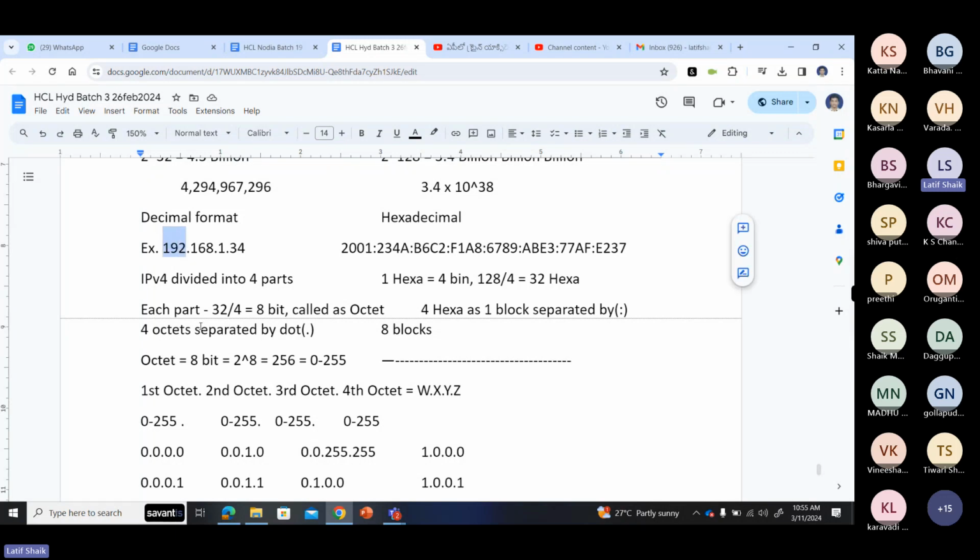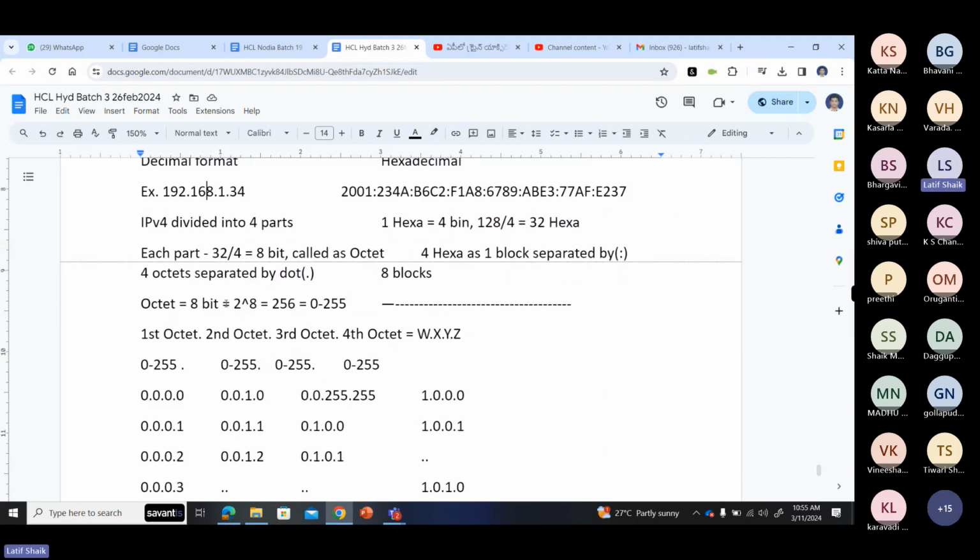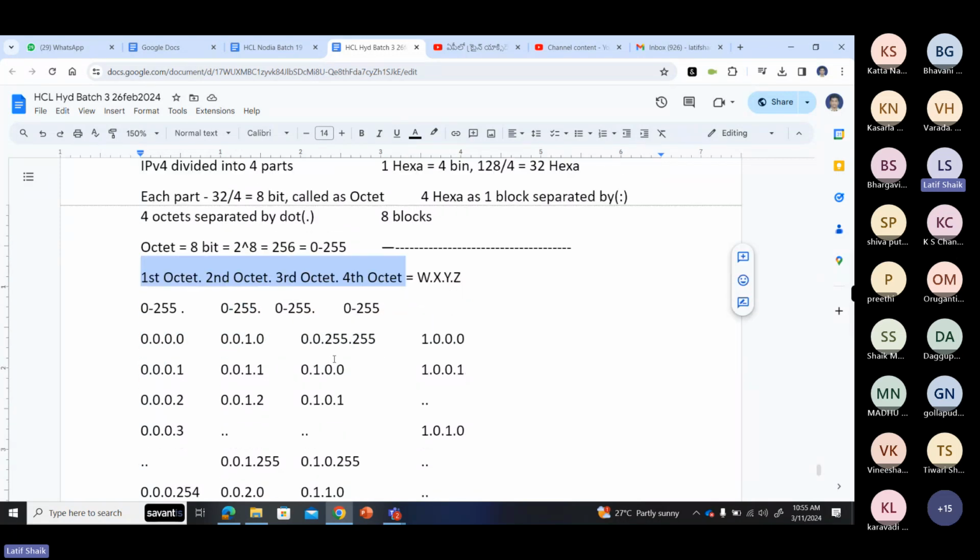Each part is an octet, and each is 8 bits, so four 8s make 32, separated by dots. 2 to the power of 8 is 256, so each octet ranges from 0 to 255 only, not more than 255. There are no negative numbers. Each octet is a maximum of 0 to 255.